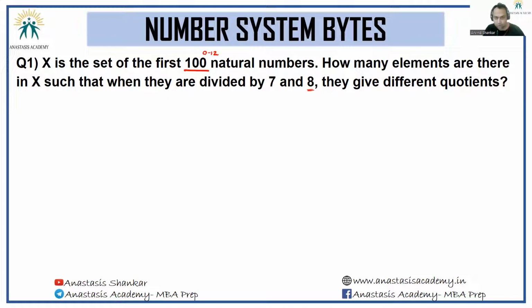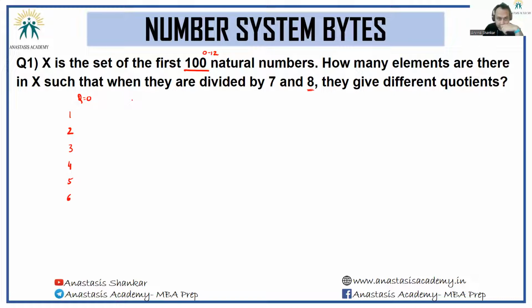So let's say quotient 0 in both these cases would be numbers 1, 2, 3, 4, 5, 6. 7 would not work because when 7 itself is divided by 7, quotient is 1. When it is divided by 8, quotient is 0. So when quotient is 0, we get these 6 cases. Quotient is 0 as in for each of these 6 cases, if you divide by 7 or you divide by 8, the quotient is going to be 0.